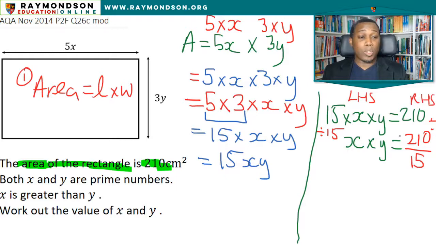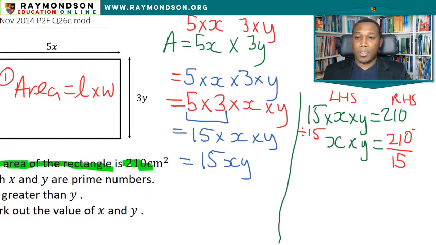I have gone too far to the left on my board, so that's not coming up on your screen. So let me shift even more and get that divide by 15. Both sides were divided by 15. And now x multiplied by y is 210 divided by 15.